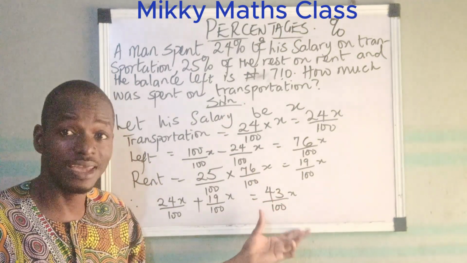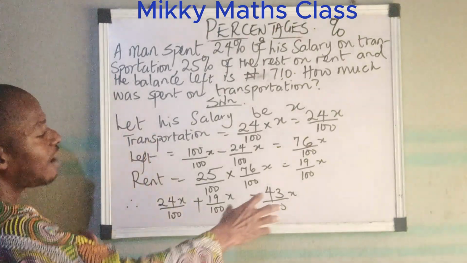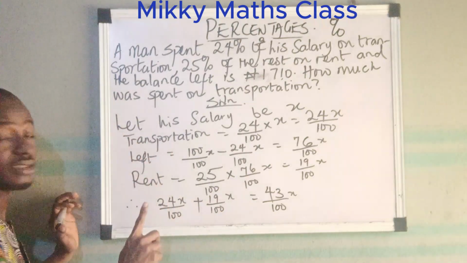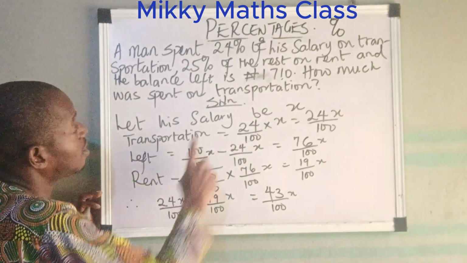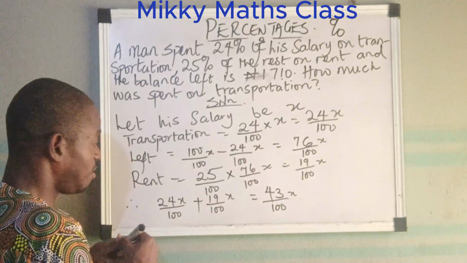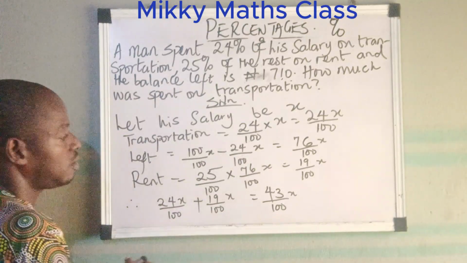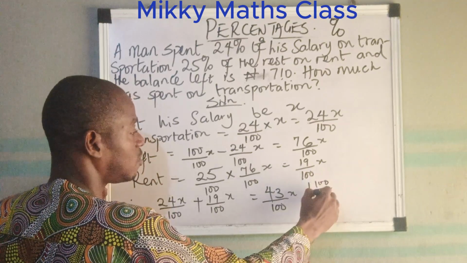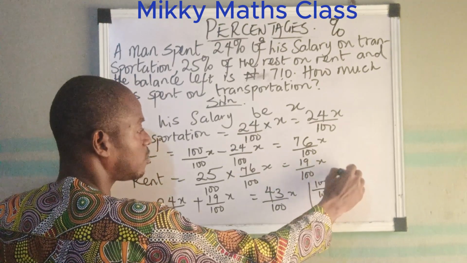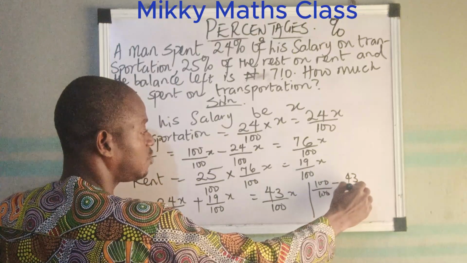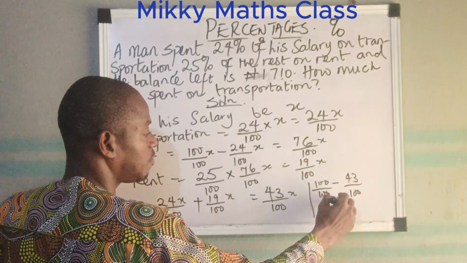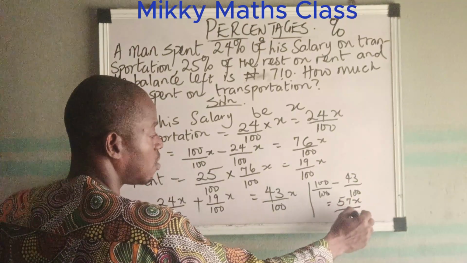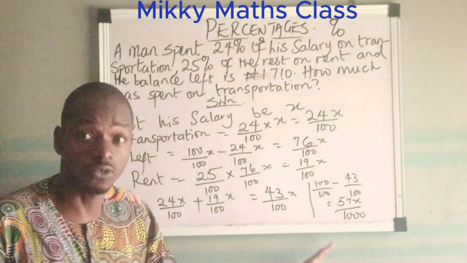43 over 100x. Now, after he has spent this amount, let's look for the balance. The balance of the percentage remaining will be 100 over 100 minus 43 over 100, which will give us 57x over 100.